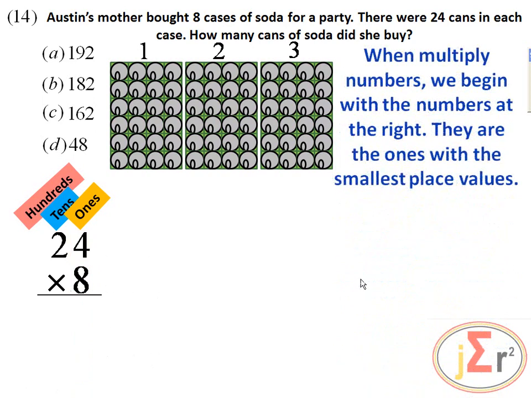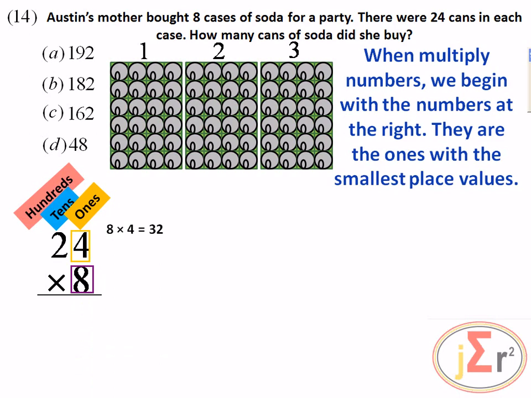When multiplying numbers, we begin with the numbers at the right. They are the ones with the smallest place values. So we will multiply 8 by 4 first. And as we stated before, that's 32.